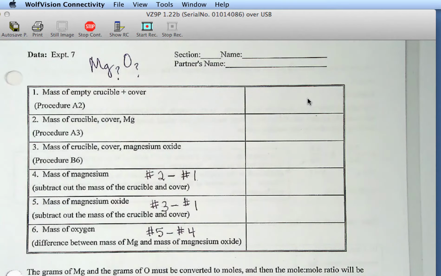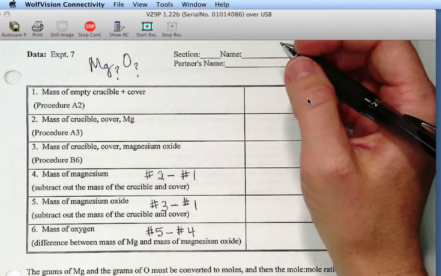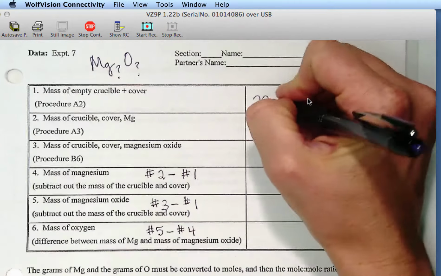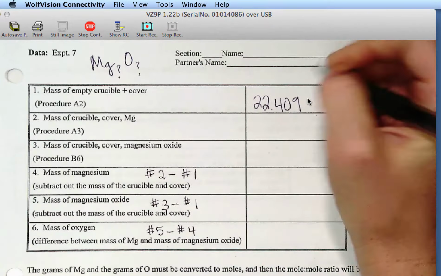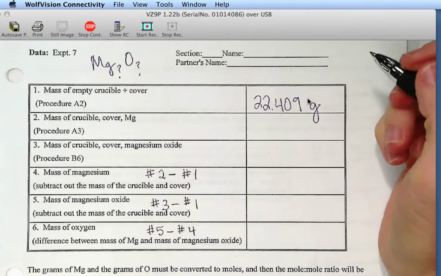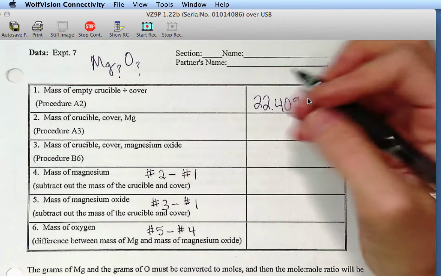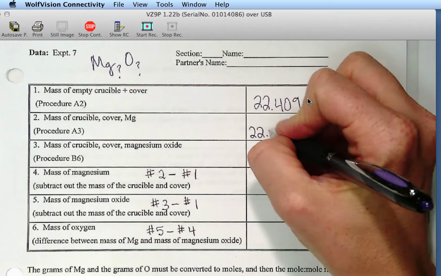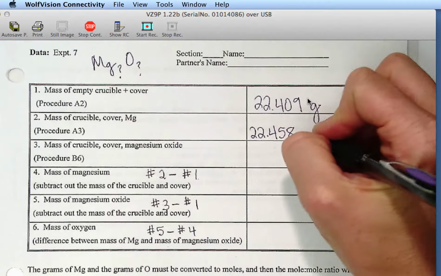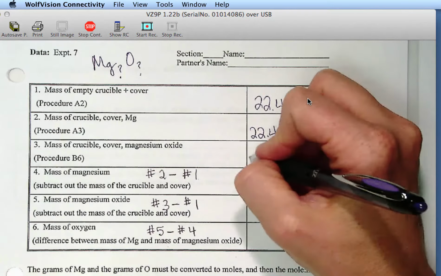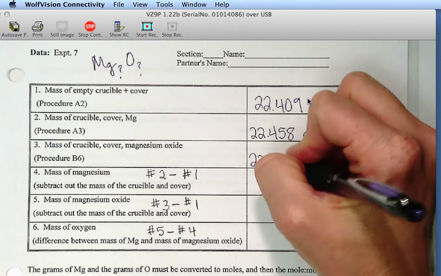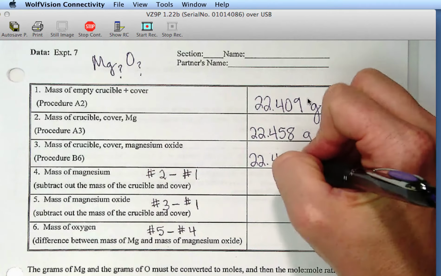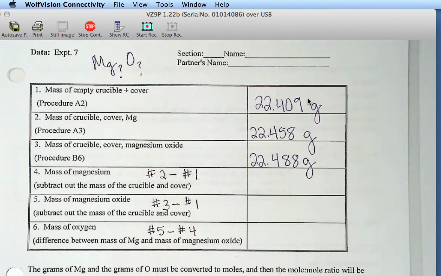So I'm going to give you some data. 22.409 grams. This is on page 57. 22.458 grams. 22.488 grams. The experiment that we're not doing was basically determining it after a chemical change.